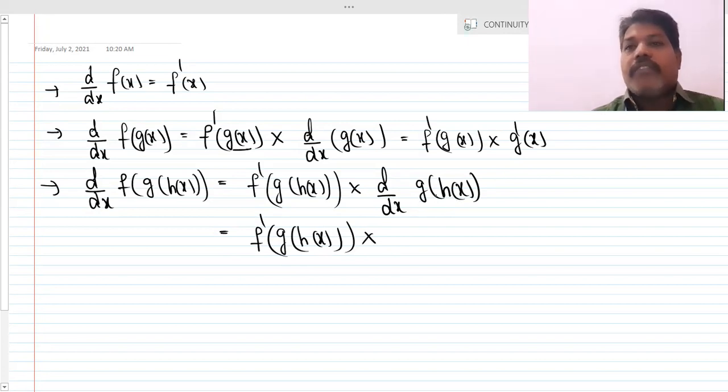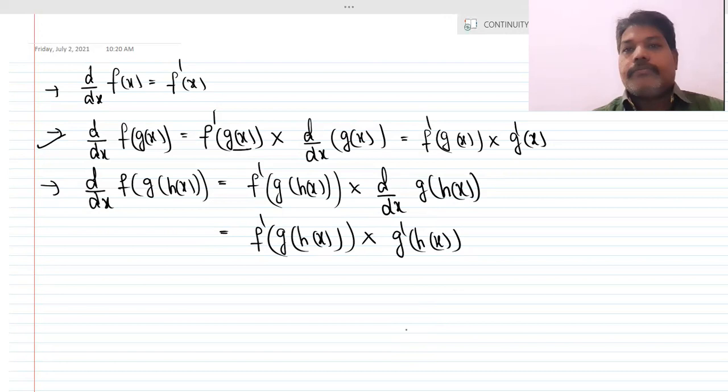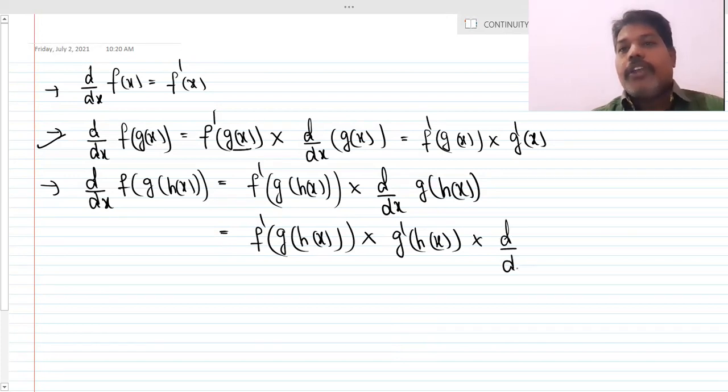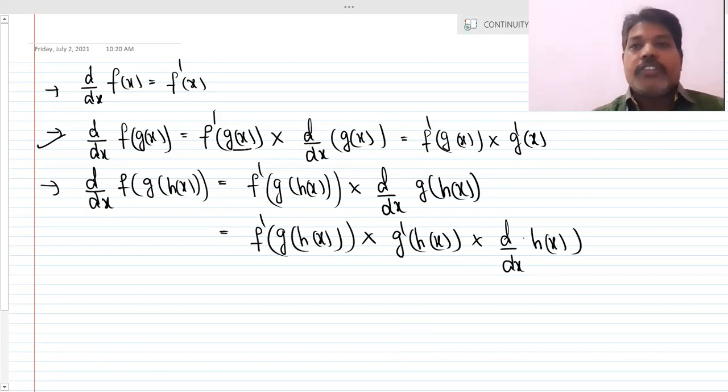What is the derivative of g of h of x? We will differentiate g first: g dash of h of x into the derivative of h of x.